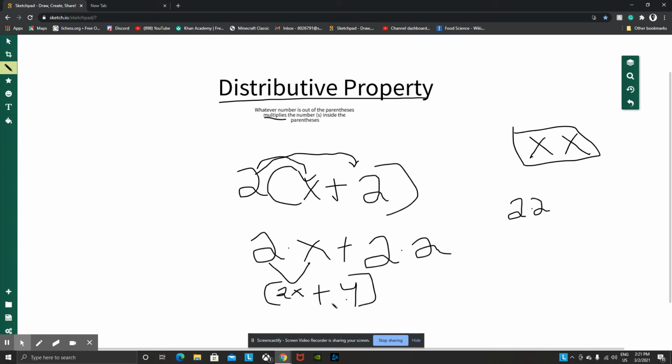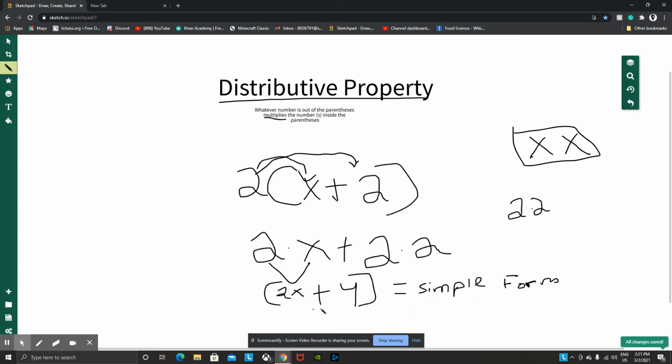If they were like terms, like 2x plus 3x, then we could add them and get an even simpler form. So let's write down simple form.